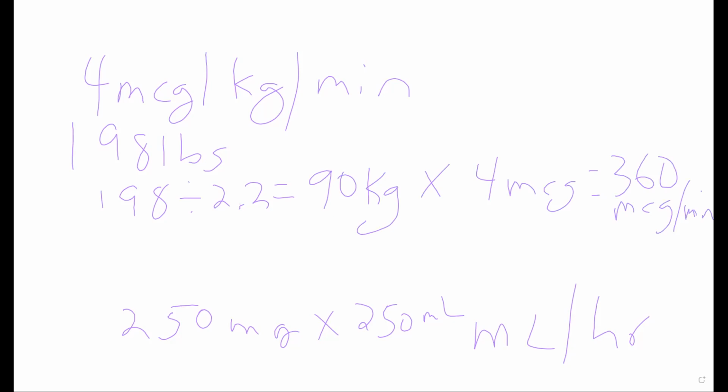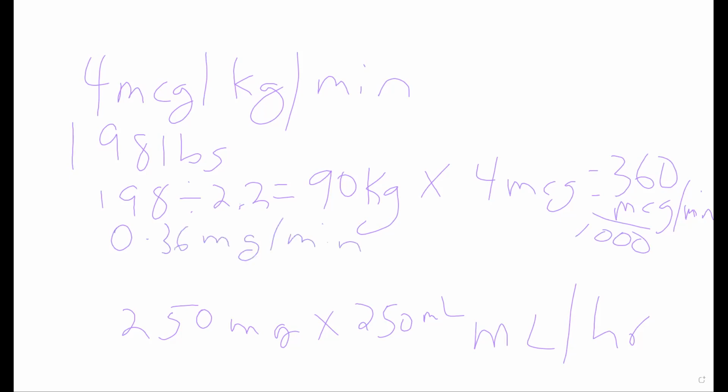Yes. Okay. So now we have micrograms per minute, but we need to get it to mLs per hour. So the next step is to go ahead and convert your micrograms into milligrams. So we're going to divide that 360 by 1,000. And that's going to give you 0.36 milligrams per minute.